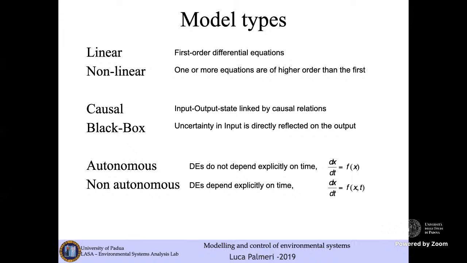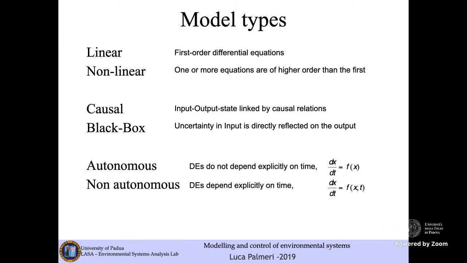Again, this is a dream situation, meaning that in reality, most models, especially in environmental modeling, are black box models, for which there is some kind of uncertainty in the input, which is directly reflected in the uncertainty on the output.